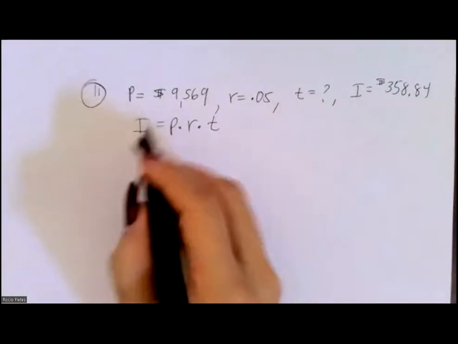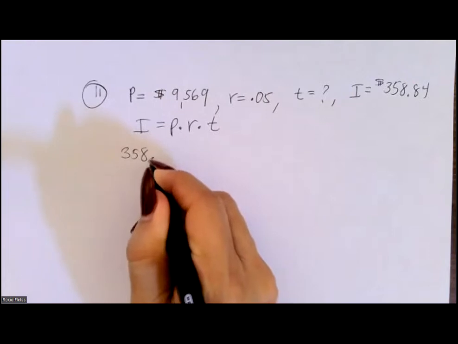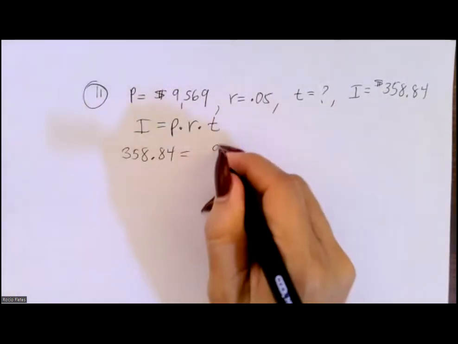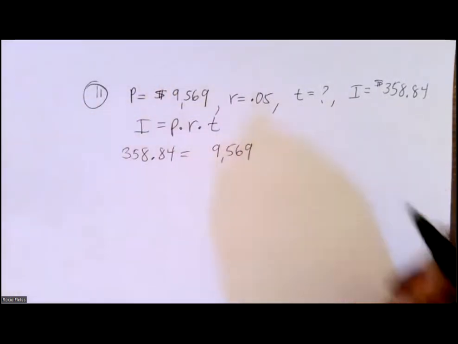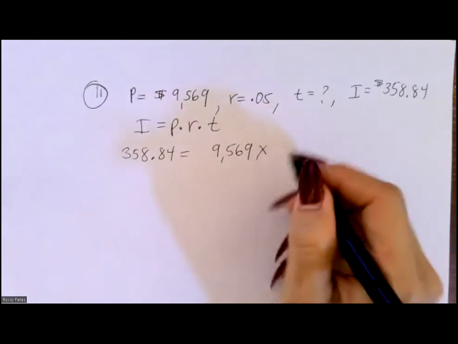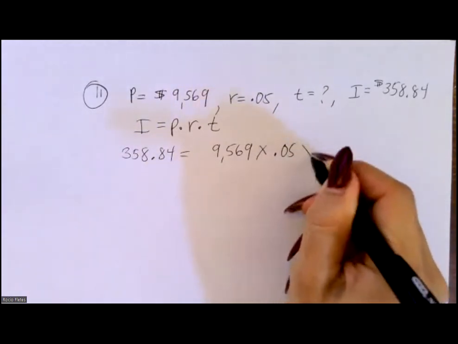So I is 358.84. Principal is 9,569. Interest rate is 5%, 0.05.